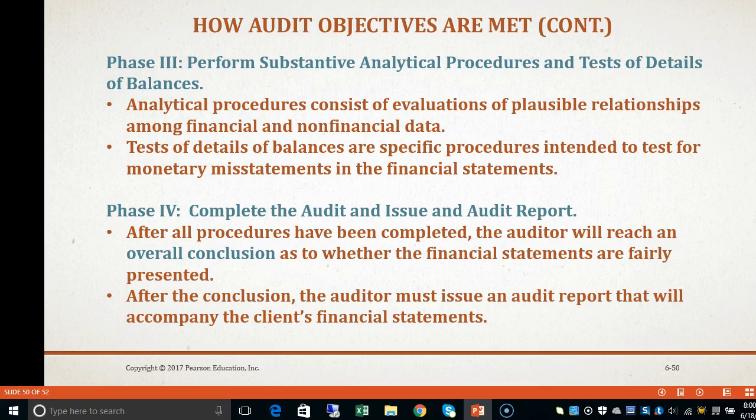There are relationships between cash and receivables, between sales and receivables, between accounts payable and cash. Those relationships must be consistent. Auditors look for that plausible relationship and whether it makes sense. They then test details of balances, specifically, and procedures intended to test for monetary misstatements in the financial statements.